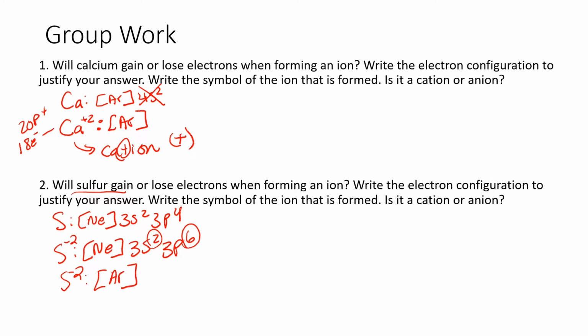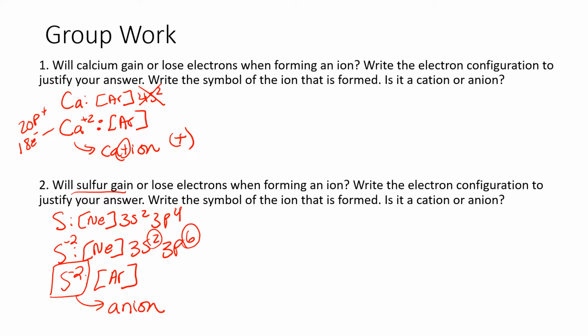Do you see how that works? If you look on the periodic table, argon is a lot closer to sulfur than neon is. So sulfur is going to gain 2 electrons to get to argon. Notice how I put the -2 charge. This makes it an anion, because sulfur likes to gain electrons to get to the nearest noble gas.